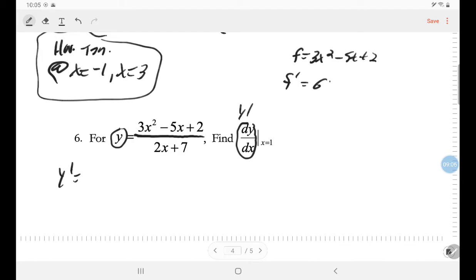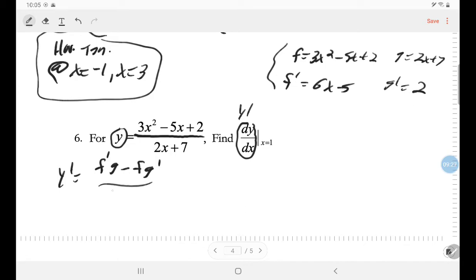My f prime using power rule is 6x minus 5. My g function from the bottom is 2x plus 7. My g prime is derivative of 2x, which is 2. Derivative of 7 is 0. And these are going to get plugged into f prime g, the first, prime the last, minus over g squared. We'll worry about this little guy later.